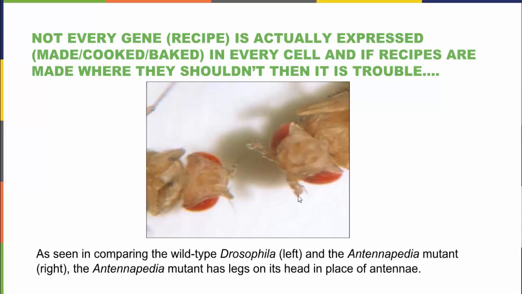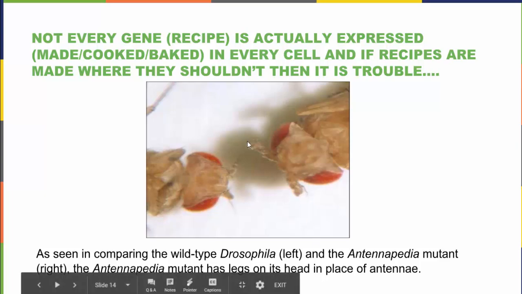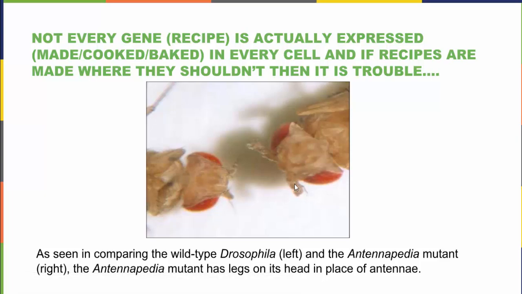So something happened and there was a misdirection, and they started making the recipes for legs instead of making the recipes for antennas. So they expressed the leg or the foot genes up here. So the reason these are kind of thick and different looking is because these are little funny legs that stick out of its head.